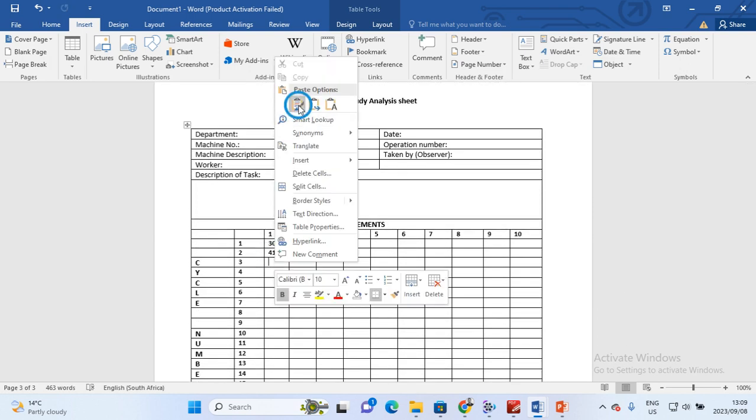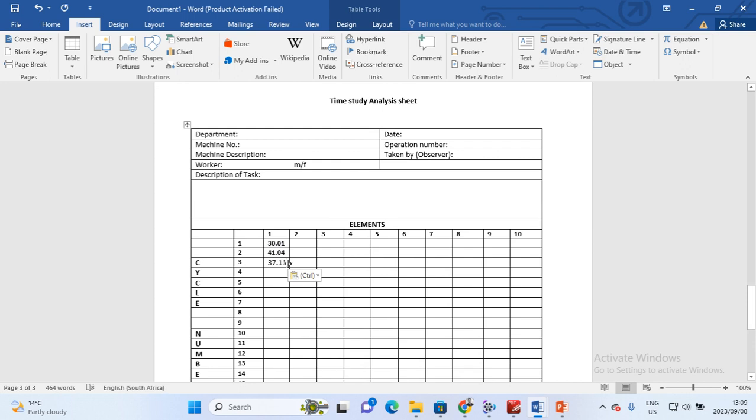Third cycle, element 1, 37.11. It's either you do it this way or you do it per cycle and per row. I am doing it per column. You do the way that will be easier, faster and more accurate for you.